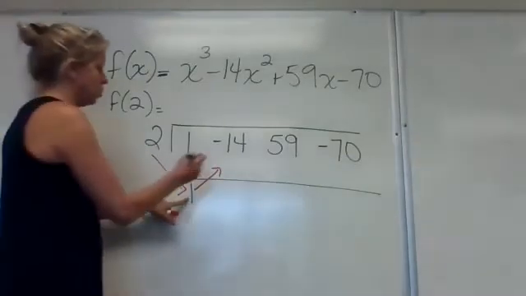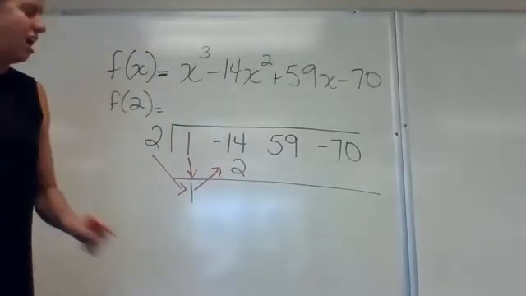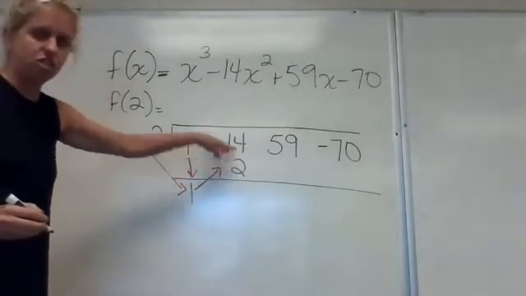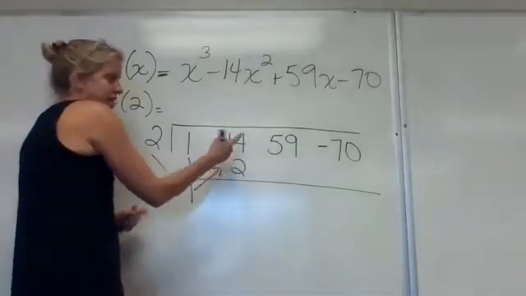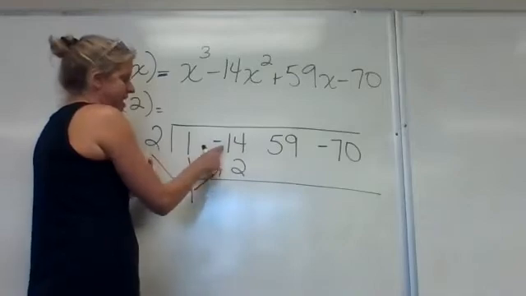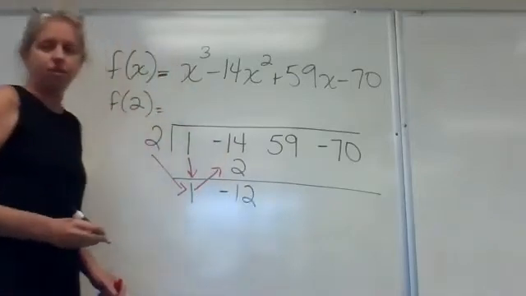So 2 times 1 gives me 2. Now you're combining these two terms and putting a new number underneath the line, by combining like terms, or adding. Negative 14 and a positive 2 gives me negative 12.